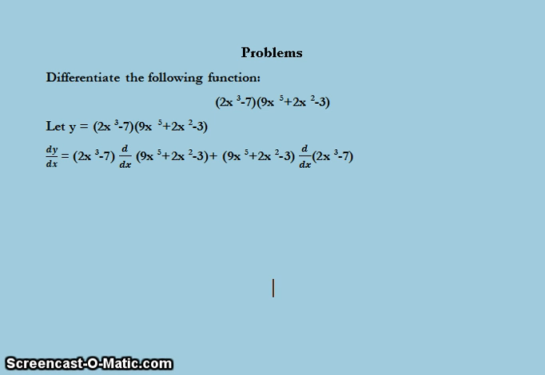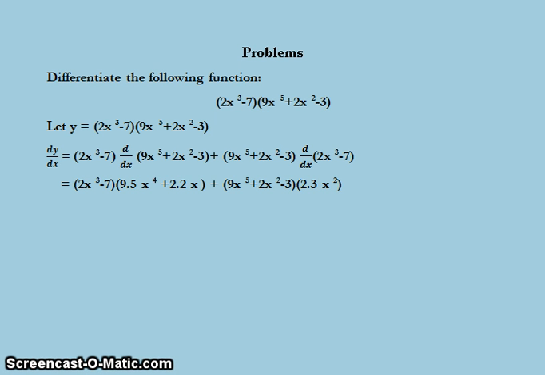Now this is equal to (2x^3 - 7) into differentiation of (9x^5 + 2x^2 - 3) with respect to x, which is 9 into 5x^4 plus 2 into 2x, plus (9x^5 + 2x^2 - 3) into differentiation of (2x^3 - 7), which is 2 into 3x^2.